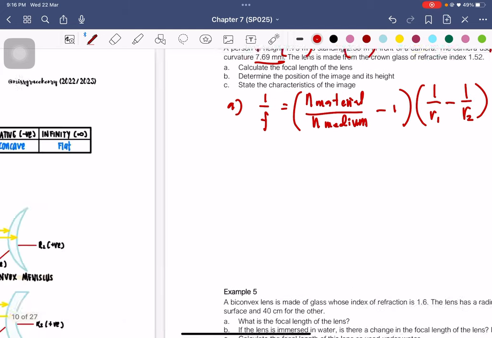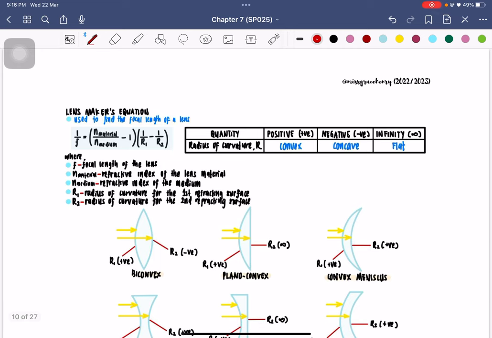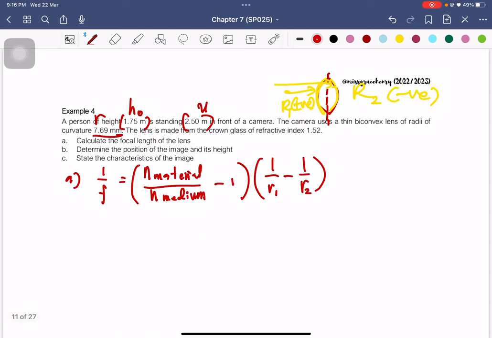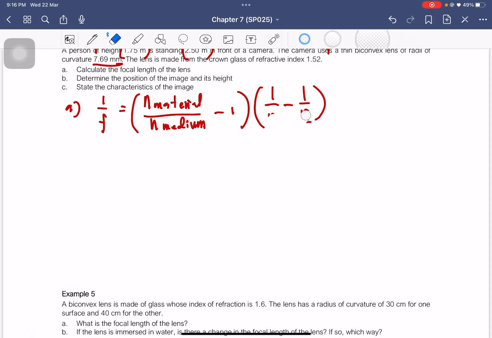So this is the lens maker's equation. It can be either capital R or lowercase r, but here I'm just going to use capital because I wrote it as capital R in my notes.